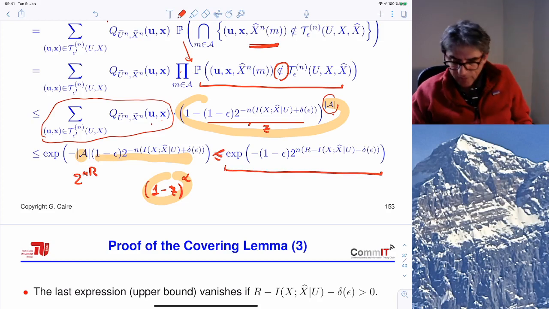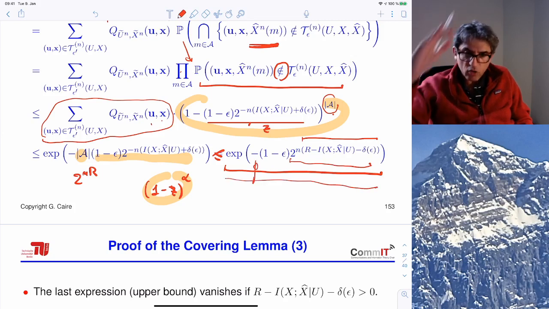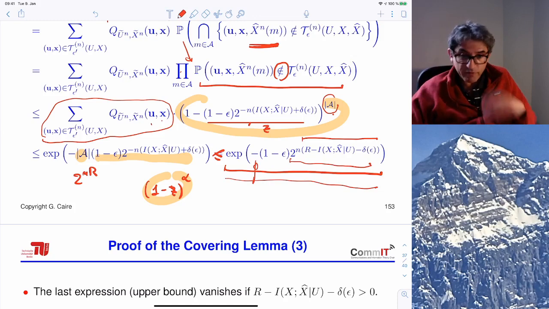And now you see that this is a double exponential, the exponential of minus (1 minus epsilon) times 2 to the n times something, right? Now, if the exponent in the inner exponential is positive, this exponential becomes very big. Here we have a minus sign, and this exponential then becomes very small. In fact, it goes to 0 doubly exponentially, so it's super fast, okay?